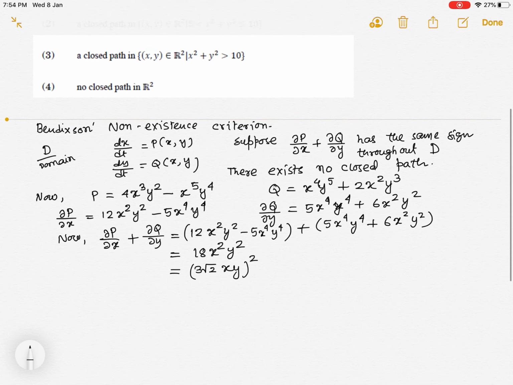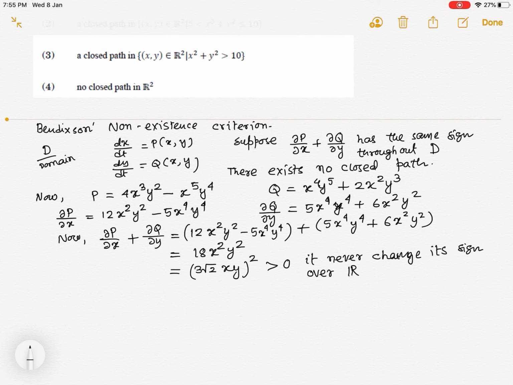Now we see that this is always greater than or equal to 0 and it never changes its sign over the domain, or over the real numbers.